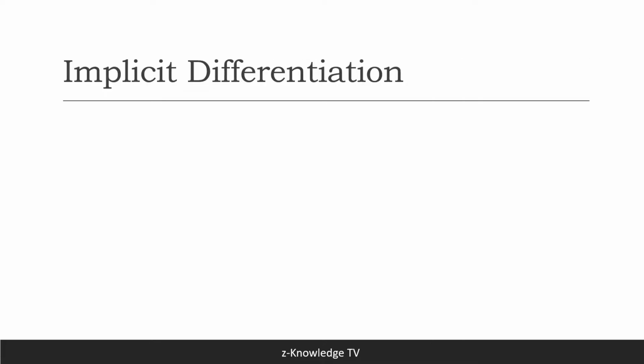Okay, so let's talk about muna kung ano ba yung basic ng implicit differentiation. So sa implicit differentiation, the equation y is equal to f of x is defined explicitly in terms of x.